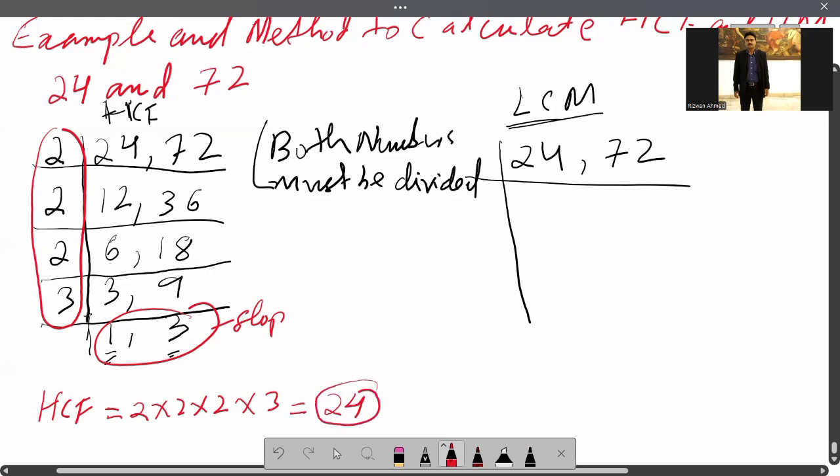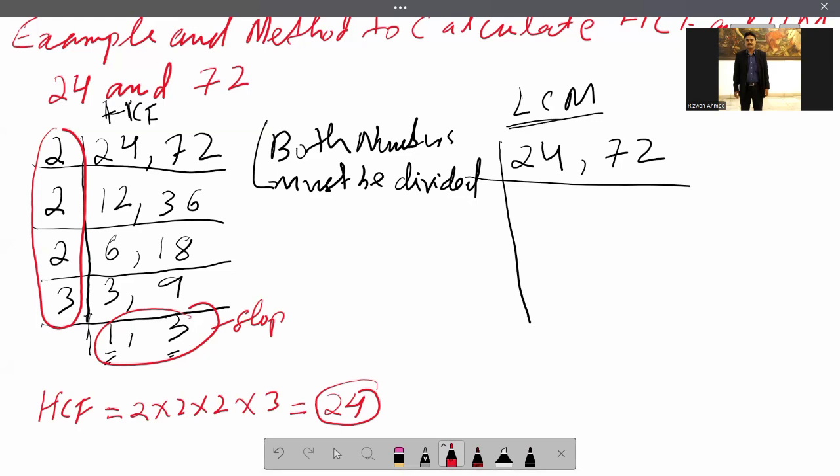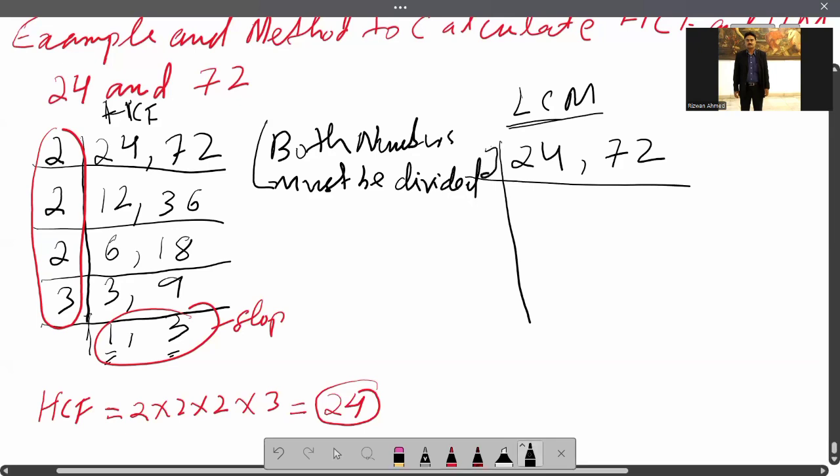Now regarding LCM, it's the same method as we did in HCF, but this time we will divide until both numbers are converted into ones. For example, we divide with 2.